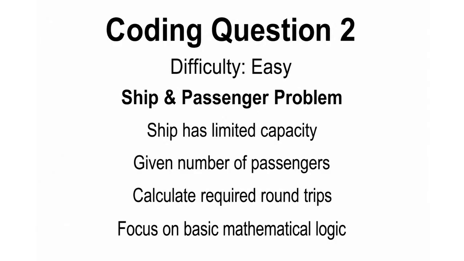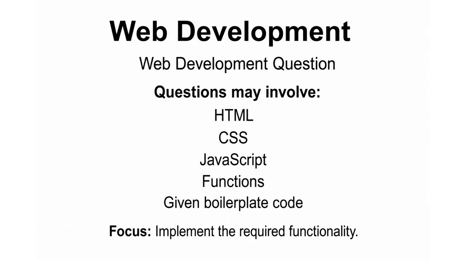This is mainly based on basic mathematical logic, so don't overcomplicate questions like this. First, identify the total number of passengers, then identify the capacity of the ship, then from there, determine how many trips are required. These types of questions are usually more about understanding the requirement correctly than writing complicated code.